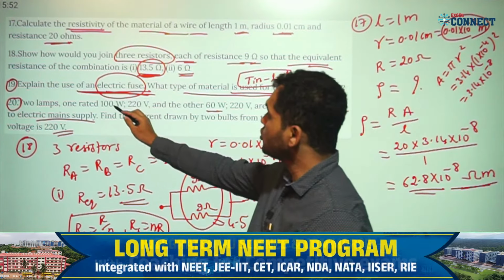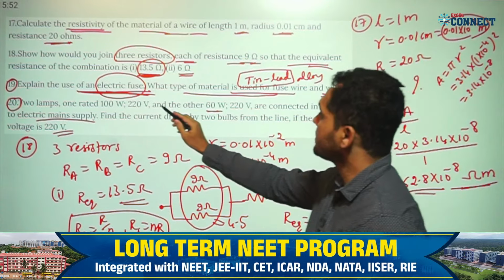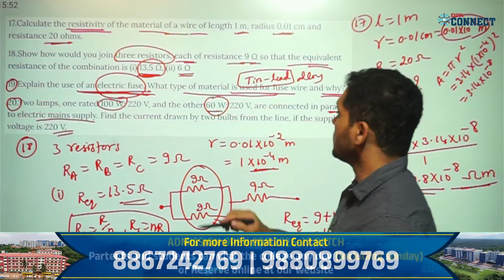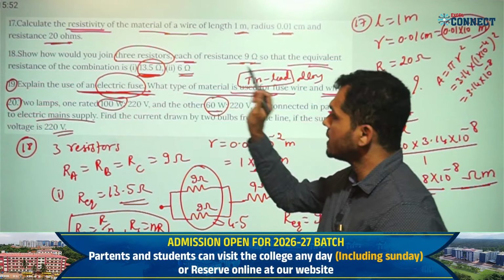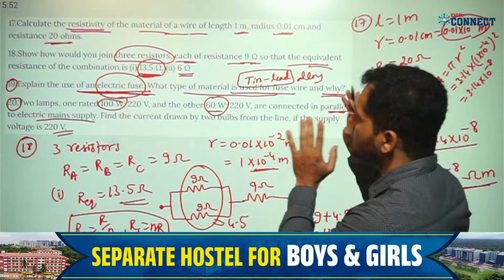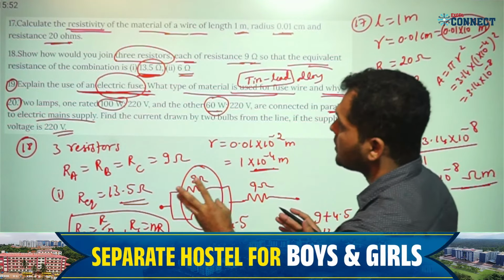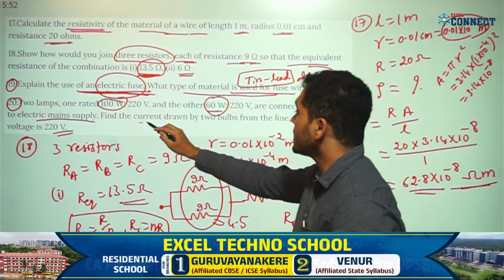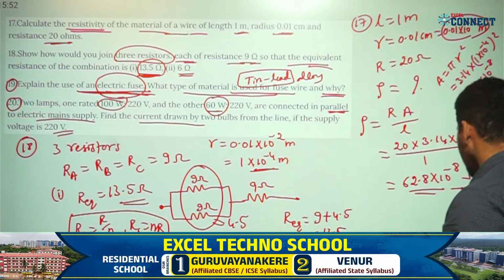Here, what is given? Two bulbs: one is a 100 watt bulb, another is a 60 watt bulb. Their rating is 220 volt only. They are connected in parallel and the supply voltage is 220. What do I have to find? The total current drawn.